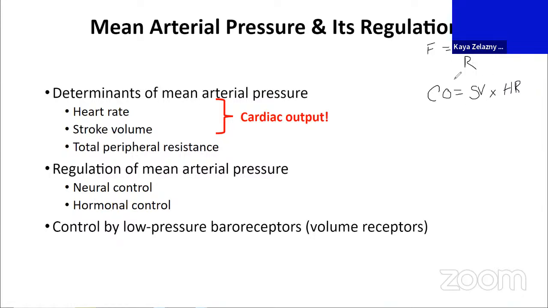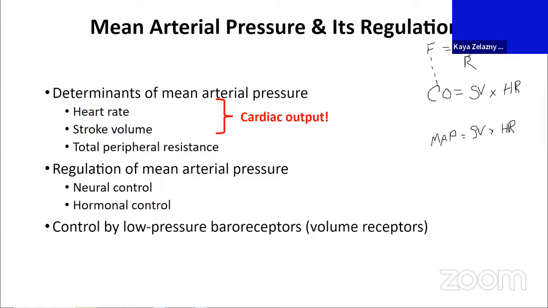So we can combine these two equations because cardiac output and flow are the same thing for our purposes, to get that equation for MAP, where we have our mean arterial pressure equivalent to stroke volume times heart rate.